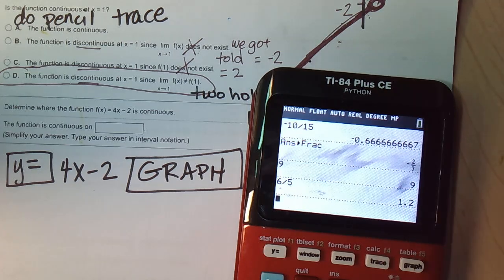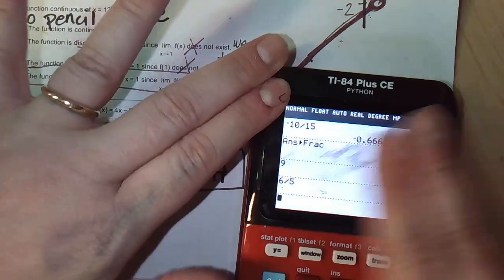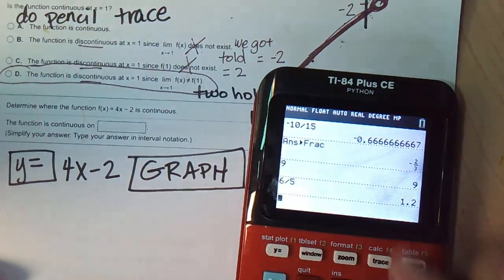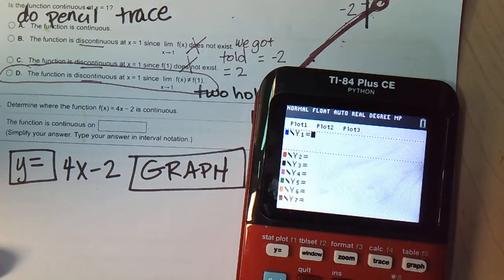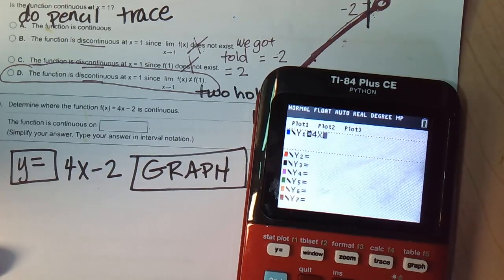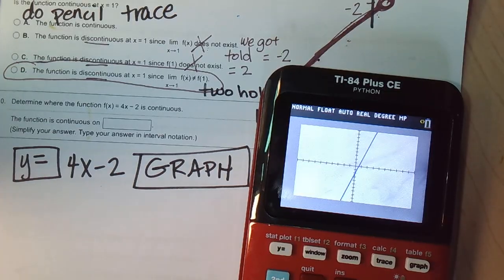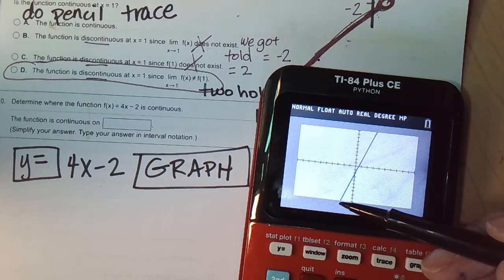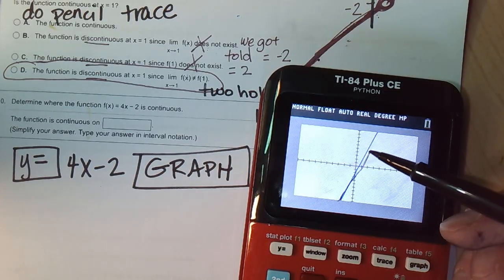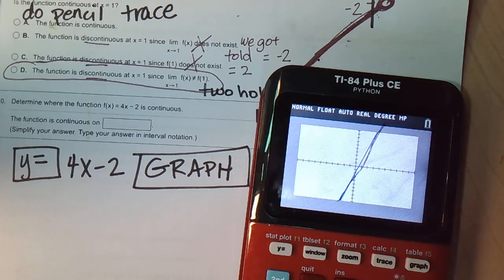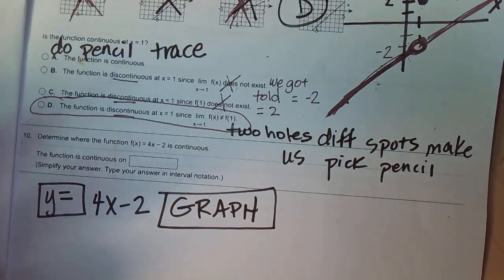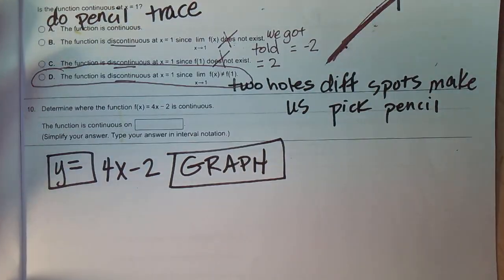If I don't pick up my pencil, it's bueno. So let's go to y equals, clear, press 4x minus 2, go to your graph, and oh look, when I trace with my pencil, I never ever have to pick up my pen. So this is continuous everywhere.